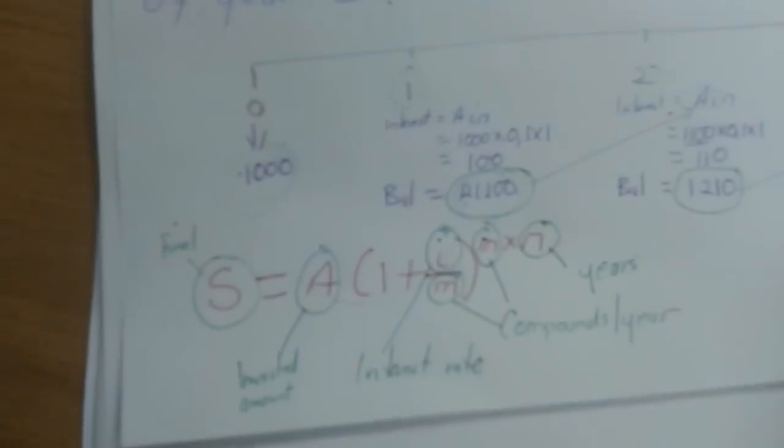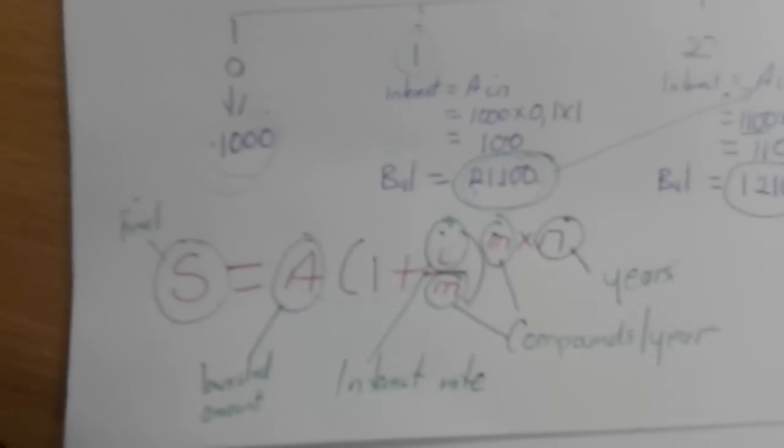And A, from simple interest, you know is your amount invested, principal amount, and all those different suits that A can wear. And S is the final value, accumulated sum. So this is the formula for compound interest, if you want to use a formula.